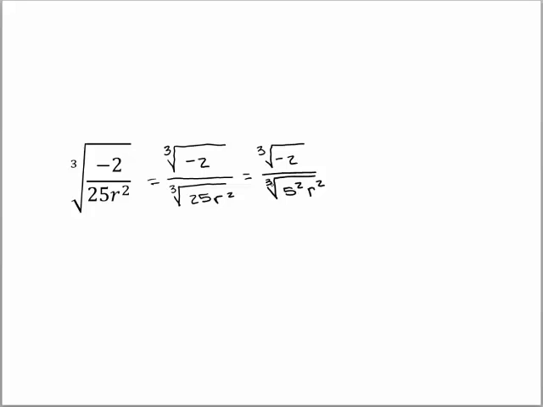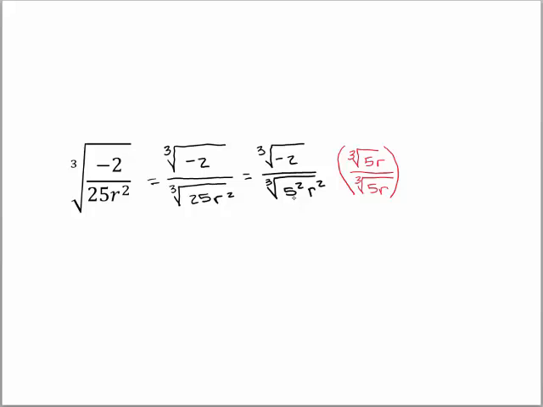So in order to do that, we said we needed 3 of these to bring it out, and we needed 3 of these to bring it out. So what we have to do is multiply this by the cubed root of 5r over the cubed root of 5r. Now this is what I was trying to explain earlier: as long as we multiply by the numerator over the denominator being the same, then we're only multiplying by 1.